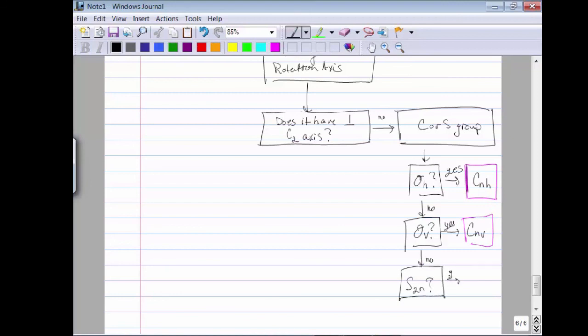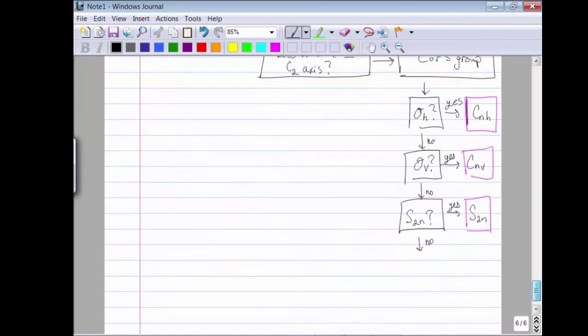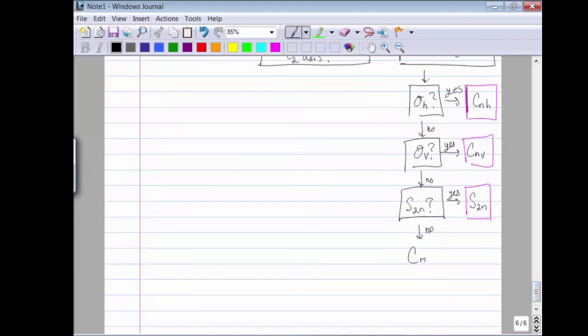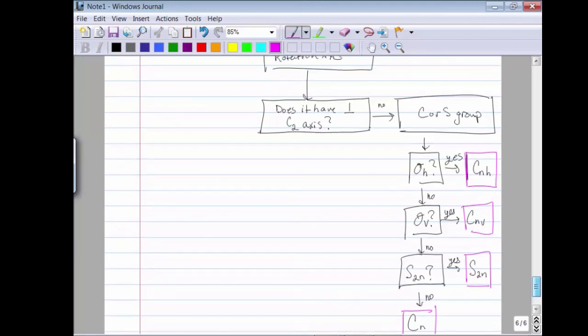If it does, then you've got S2n point group. And if it doesn't, then you're just at Cn. So all of the things in pink boxes are point groups that you can characterize things into.